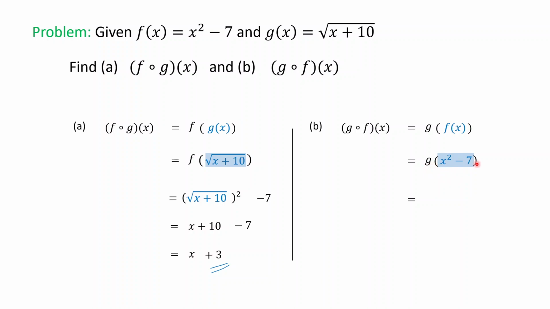To find g of this, you need to substitute this for x. So equal to square root of, so this x is this, x squared minus 7 plus 10. This is equal to square root of x squared, negative 7 positive 10 is positive 3. So this is the answer for this one.